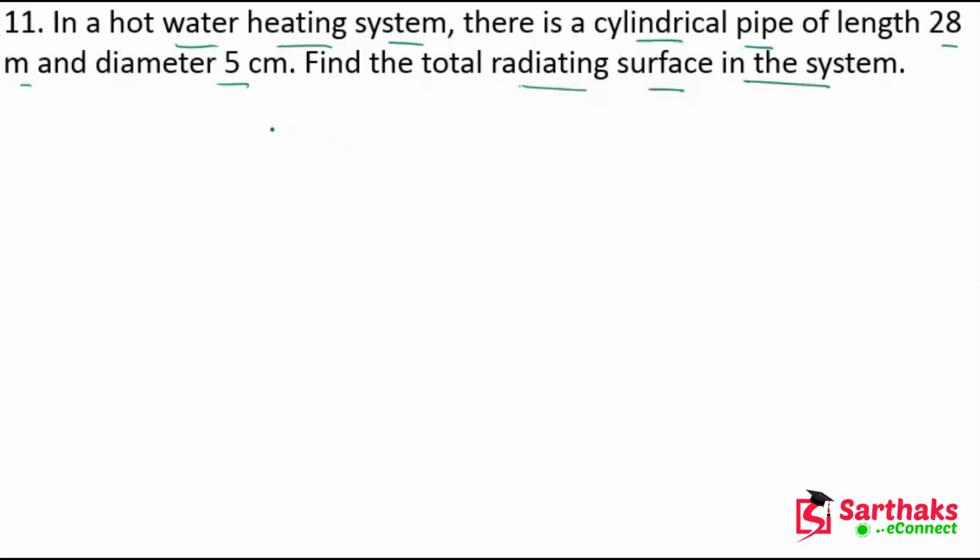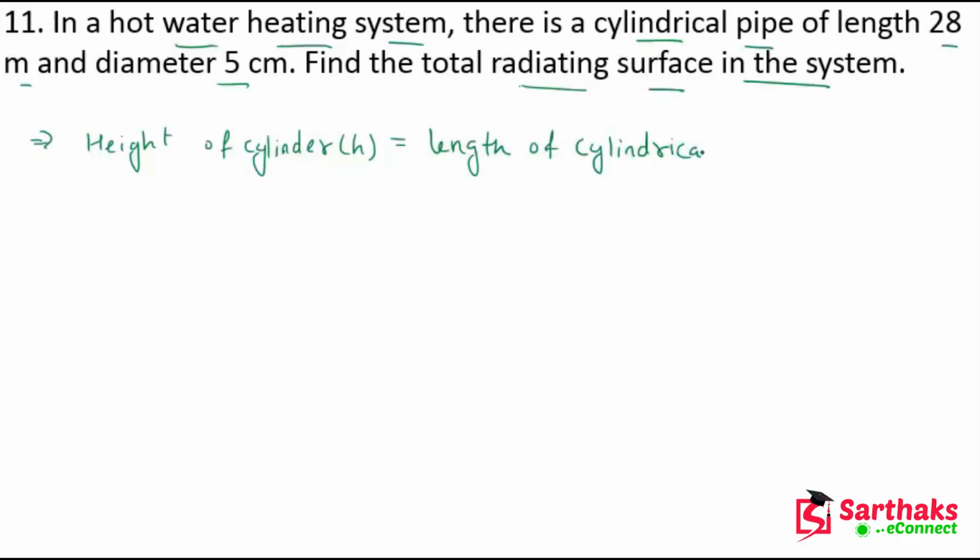Here the height of cylinder, h, is equal to the length of the cylindrical pipe, so this is equal to 28 meter.